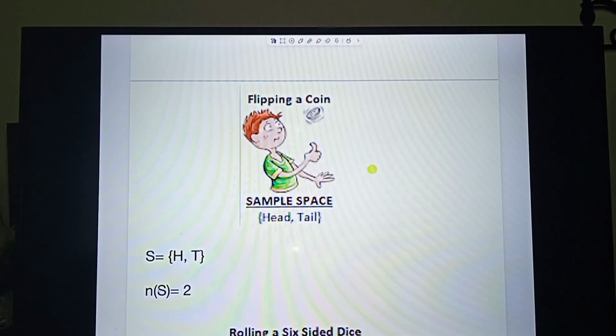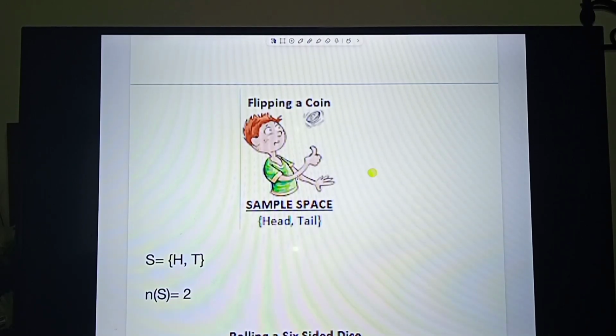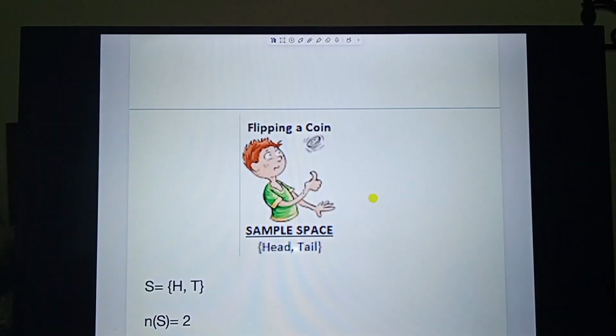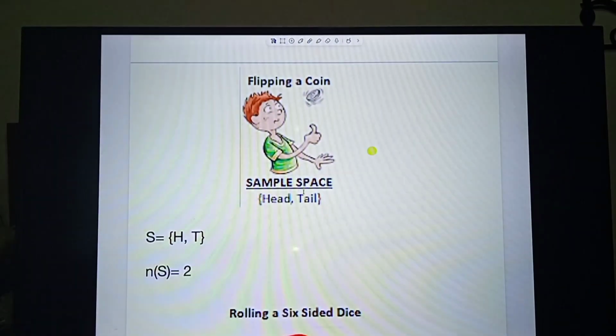So the number of elements, or sample points, in the sample space is 2, because head and tail are the only two options when a coin is tossed once, in a single coin tossing experiment.